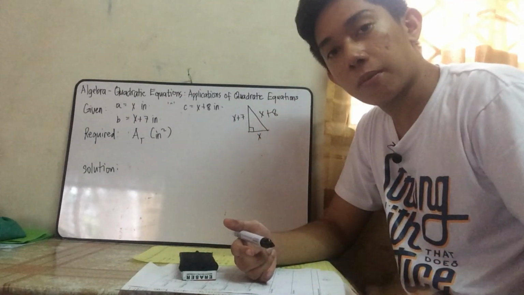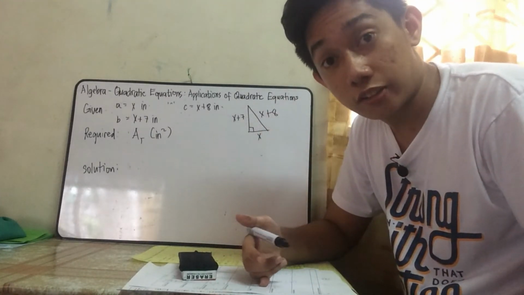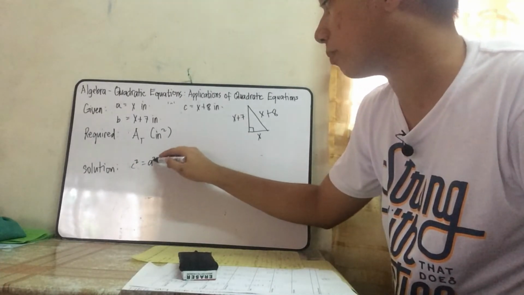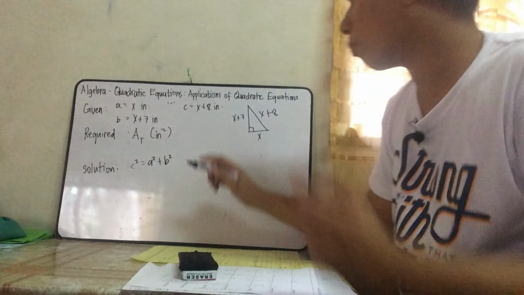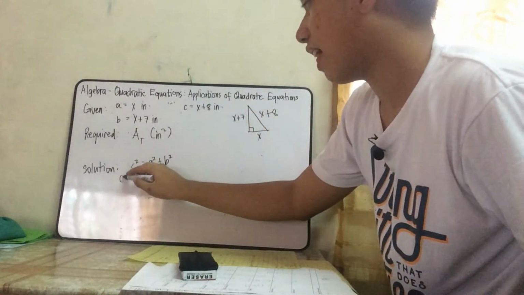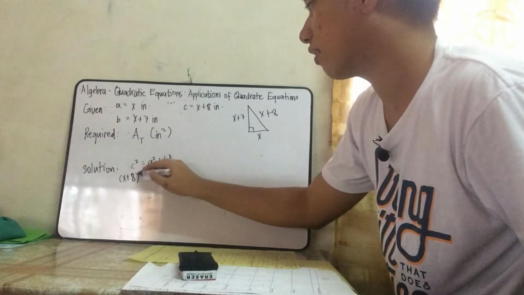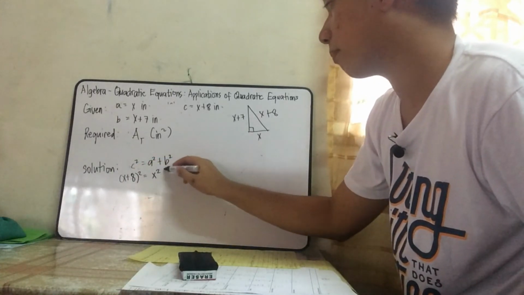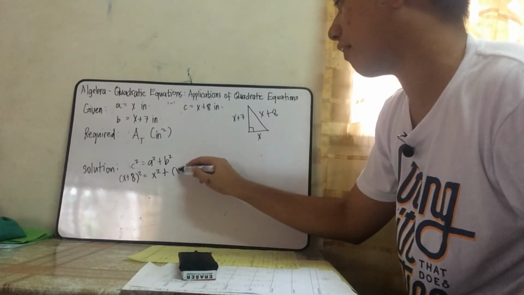Still, as in the last problem, we can use the Pythagorean theorem. Okay? So, c squared is equal to a squared plus b squared. Plugging in all the numbers, c is the hypotenuse. So, (x plus 8) squared is equal to x squared plus (x plus 7) squared.